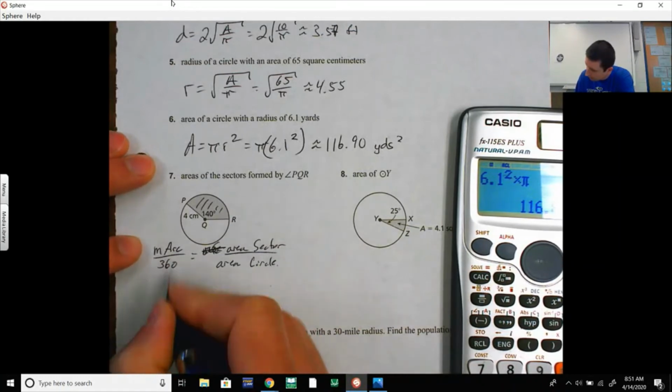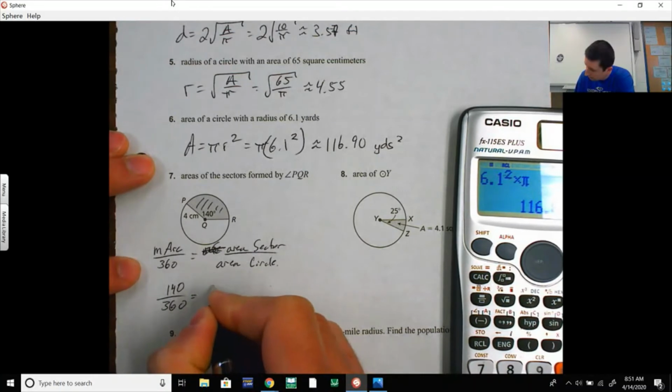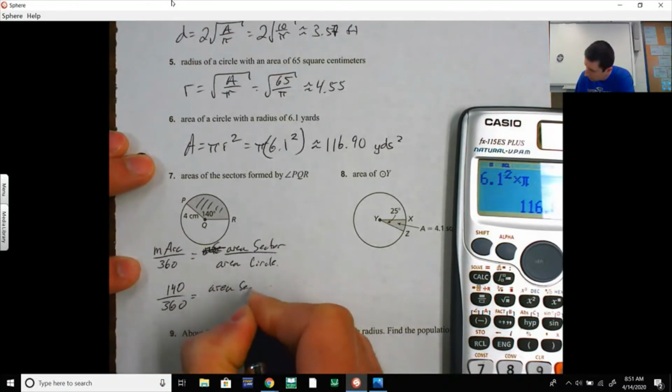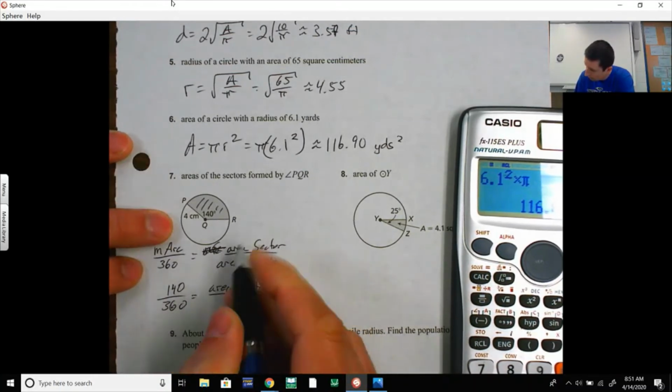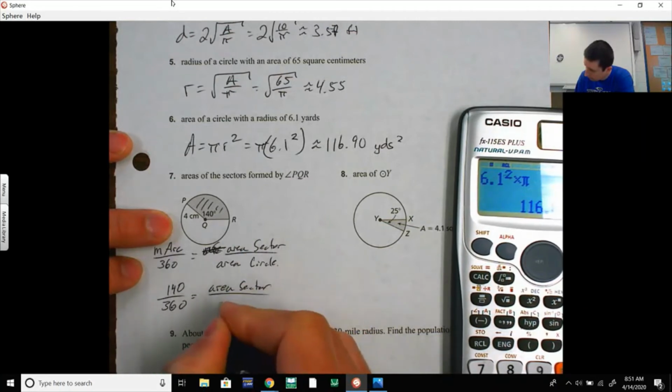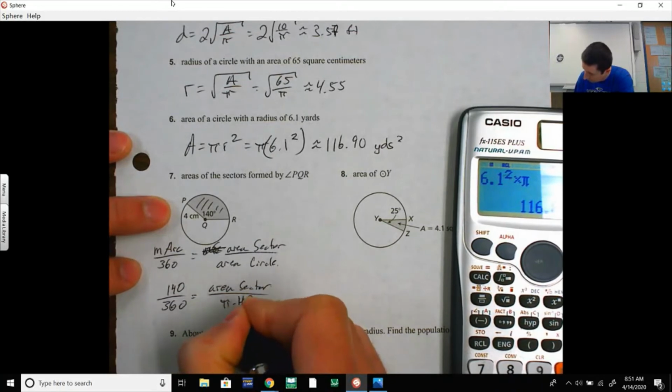So 140 over 360 equals the area of the sector over pi r squared, so pi times 4 squared, which is 16.